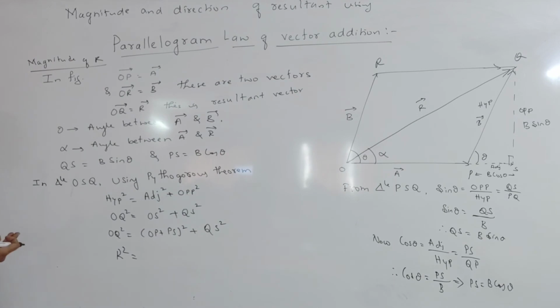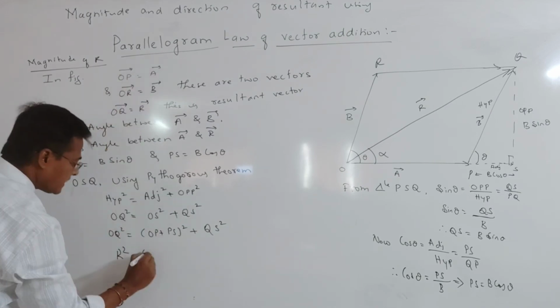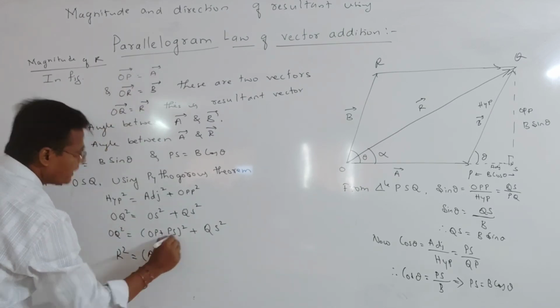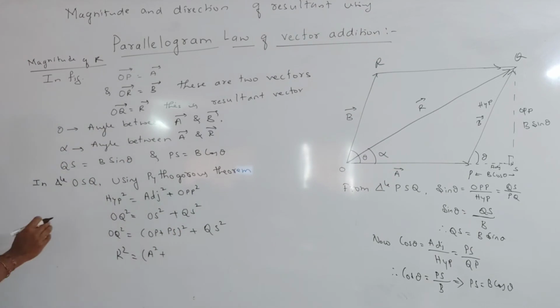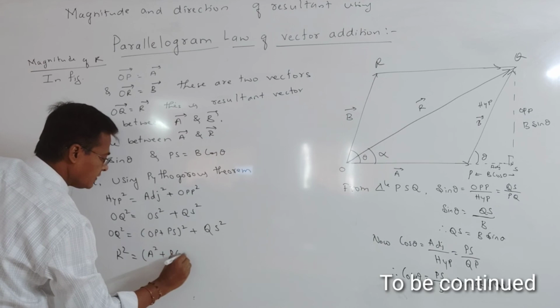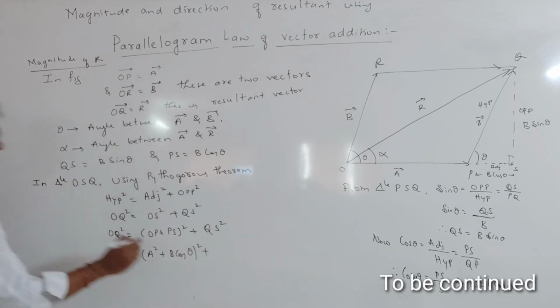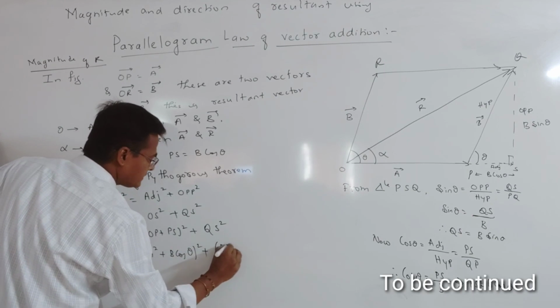Next we will calculate the direction. So R square equals OP, which is A, squared, plus PS, which is B cos theta, whole square, plus QS square, which is B sin theta.